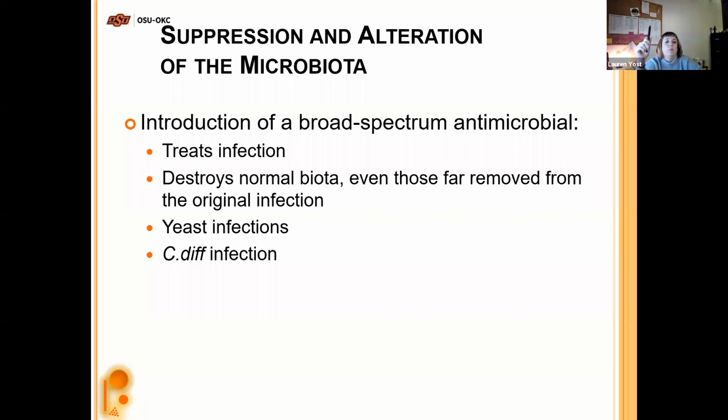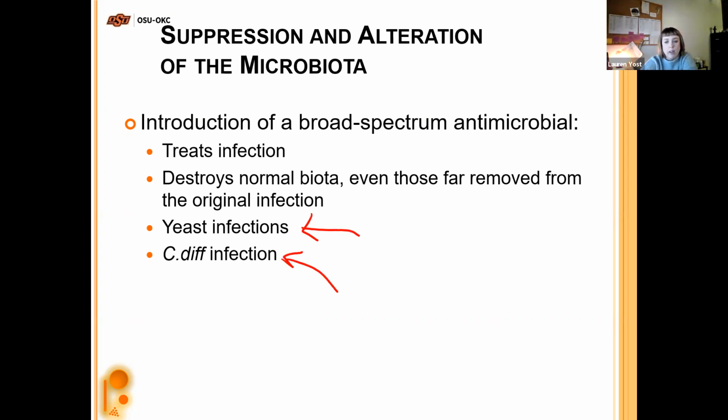So we have the introduction of broad spectrum antimicrobials to treat infection that will destroy your normal biome, even in places far removed from the original infection. Often this occurs with women when they get a urinary tract infection, and then they get a yeast infection as a result, because all that bacteria is gone, and so the yeast can overgrow. Same concept with the C. diff, which is what I was explaining earlier.